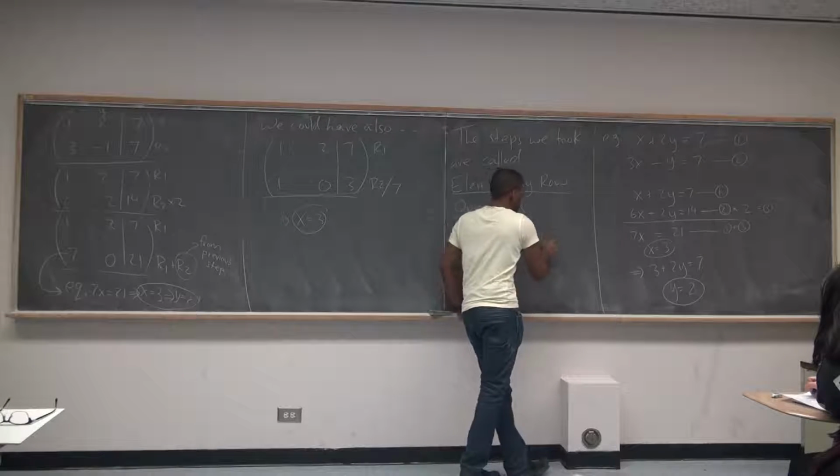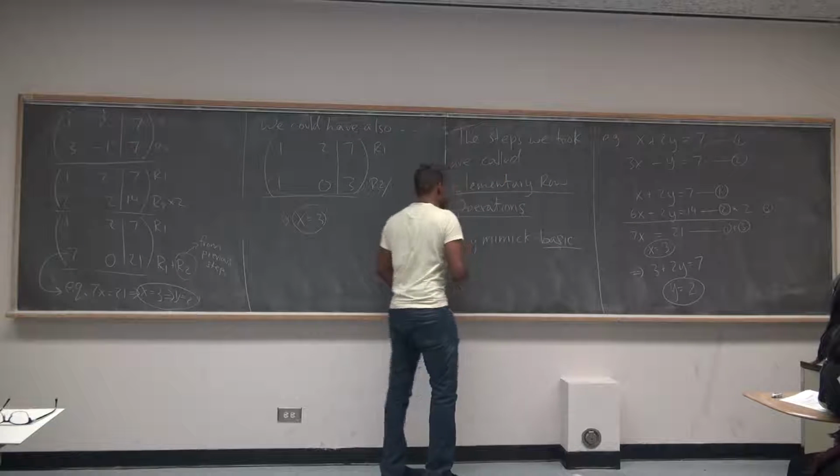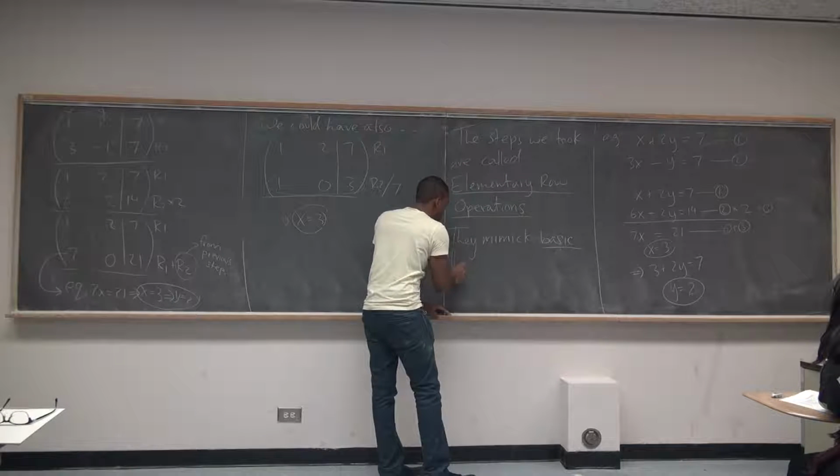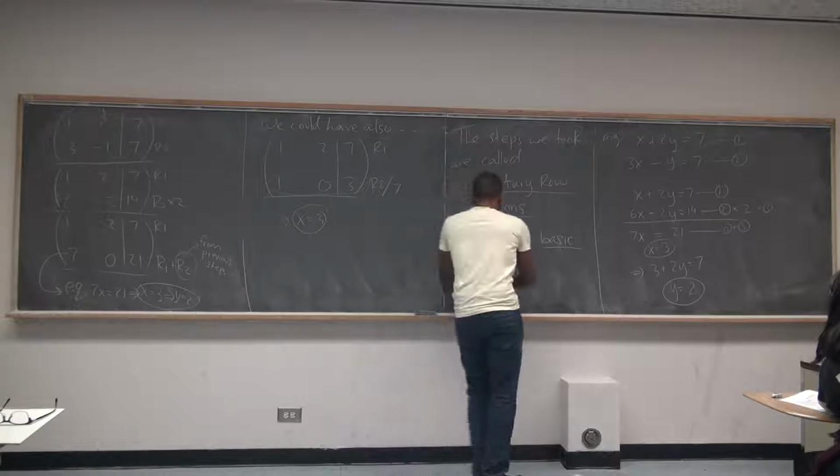They mimic things we can do to equations in the most basic sense. They mimic basic things we can do to equations to get to a nicer answer where we can get solutions.